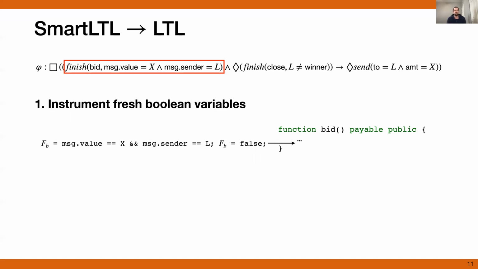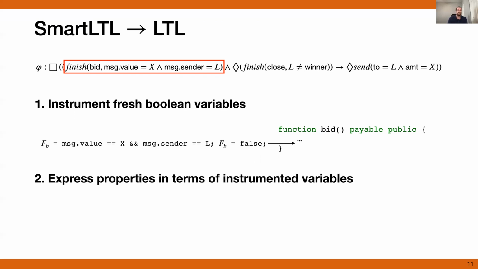The reason why we do this is because we're going to instrument it into a location where the constraint is only checked if bid has finished executing successfully. And so this means that everywhere in the program, besides that one particular point, this Boolean variable is going to evaluate to false. And this is the way that we want that atom to behave.